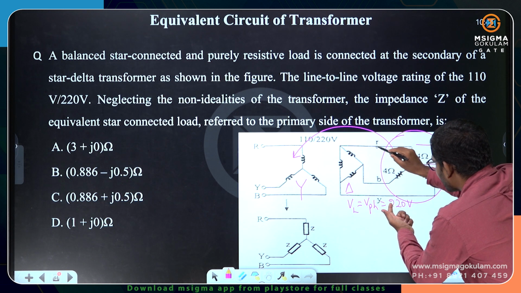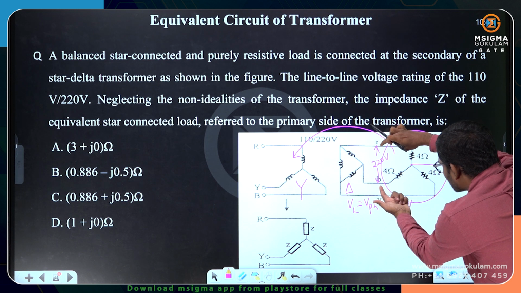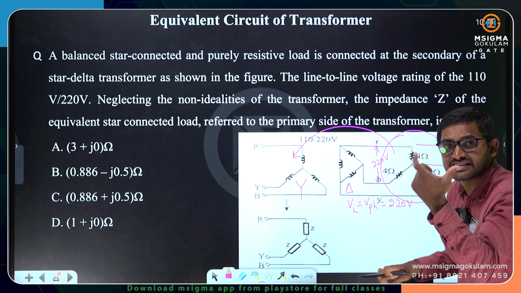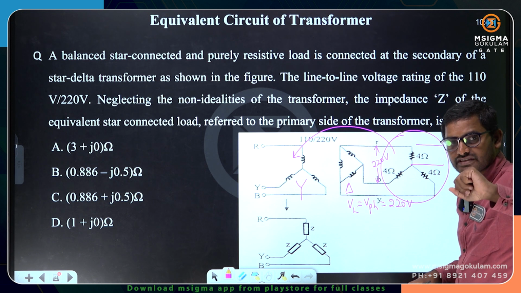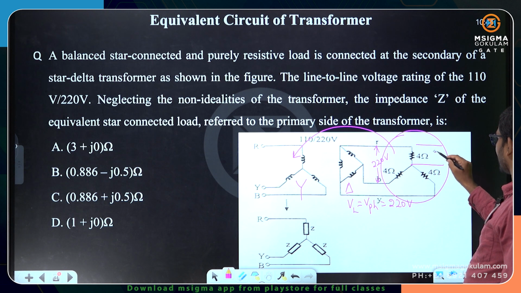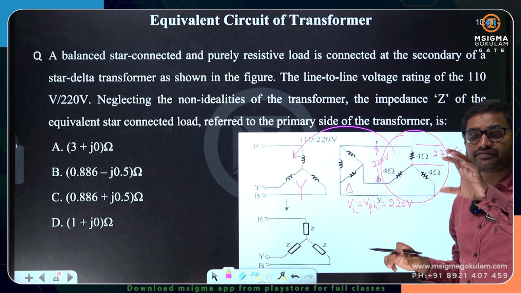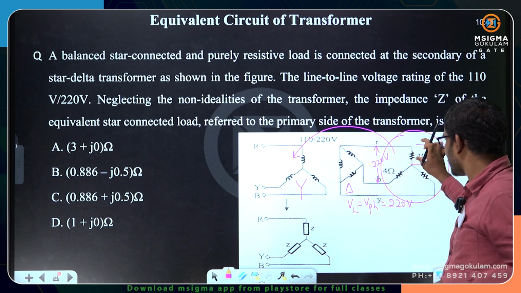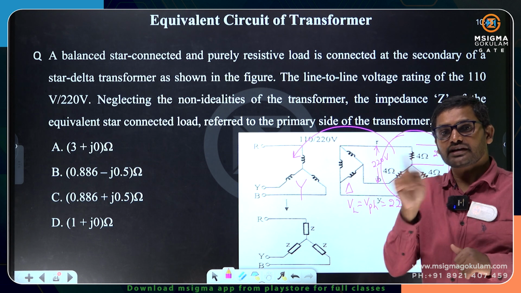But if this 220 is connected across 2 resistors, we don't want the voltage across 2 resistors. We want the voltage across only 1 resistor. What is the voltage across 1 resistor? It will be 220 by root 3. So each phase resistor is operating at a voltage of 220 by root 3, not at 220 volts.